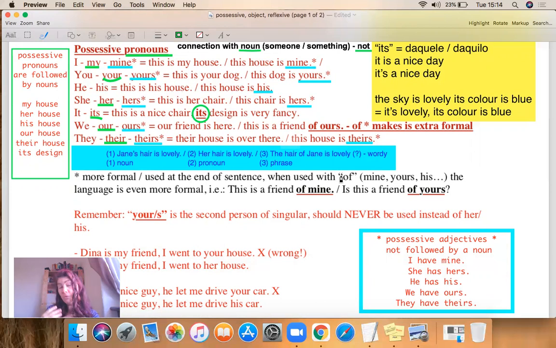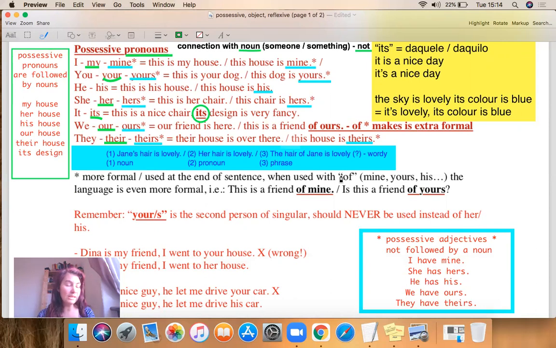This is for more colloquial English, but also for more academic English. In academic English, you are probably going to be marked down for using so many words that don't carry meaning to describe something. So instead of the hair of Jane is lovely, we can just say Jane's hair is lovely, or her hair is lovely, with fewer words.